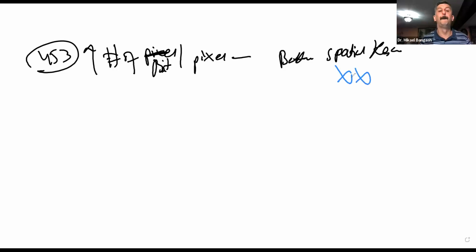No. It will lead to a better contrast resolution.